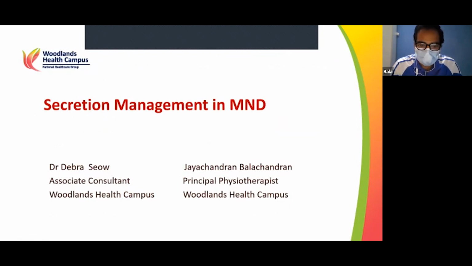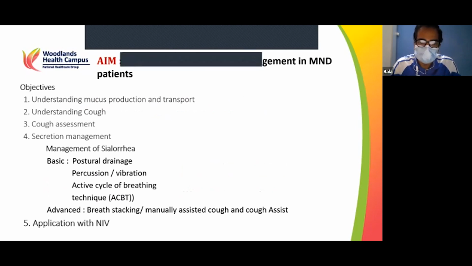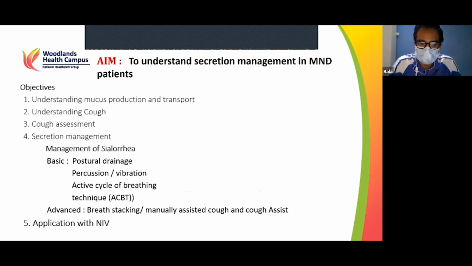So our topic for today is secretion management in MND, motor neuron disease. How I am going to carry you through this talk is to understand what the problem is with these MND patients. To understand that, we will first try to understand mucus production and transport, understand cough, and how we assess cough. Once we understand how to assess cough, we will go to management.